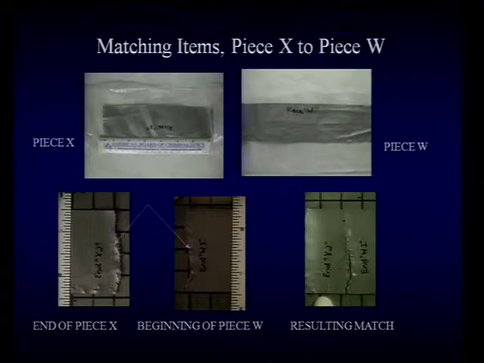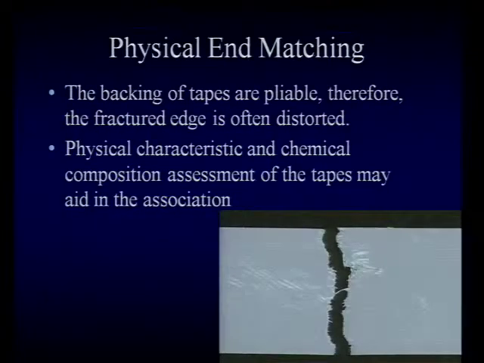A stereo microscope, where I'm not going to cover some of these, but of course with puzzle matching, different people have different things, pictures apart and then pictures close and so forth. With physical end matching, you would have to describe that to the court.